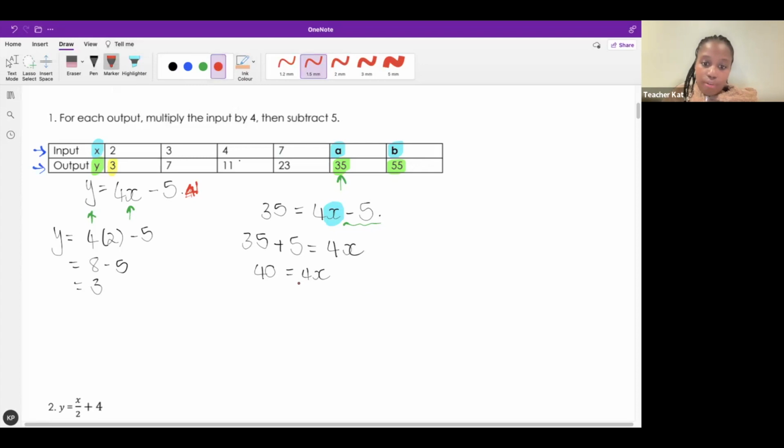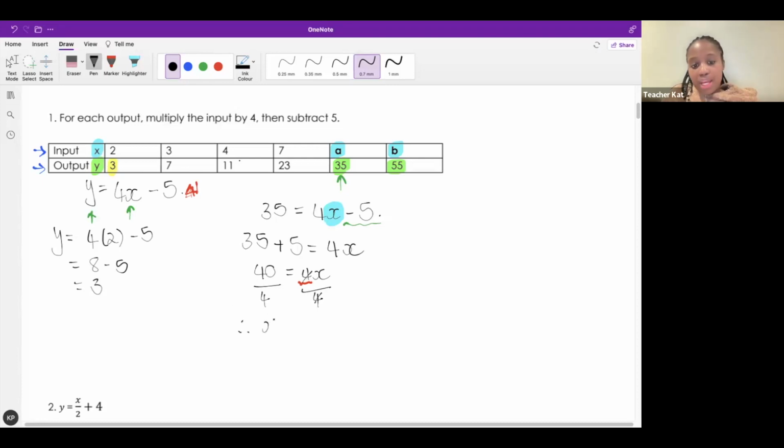But now I still have a 4 in front of my x. How will I get rid of that 4? How will I get rid of the 4 that is in front of the x? Anyone? Nice or funny? I'm going to divide by 4. But if I divide on one side, I must go and divide on the other side. So these will cancel out.